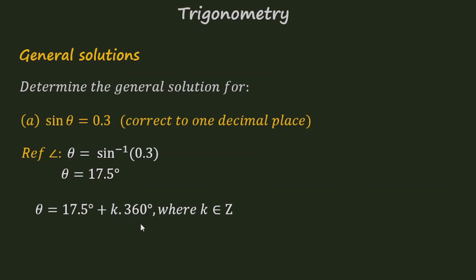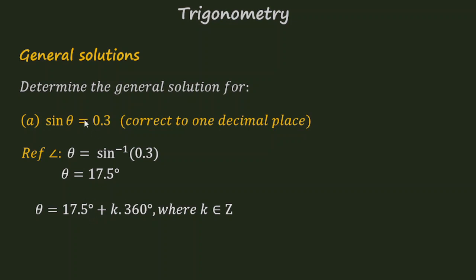Remember, the sine function has a period of 360 degrees, where k is an element of the integers. So k can be 0, 1, 2, 3, or minus 1, minus 2, minus 3. So this is our first general solution.